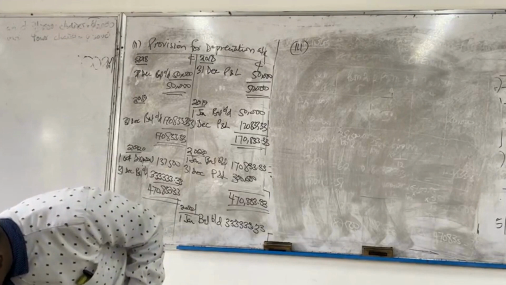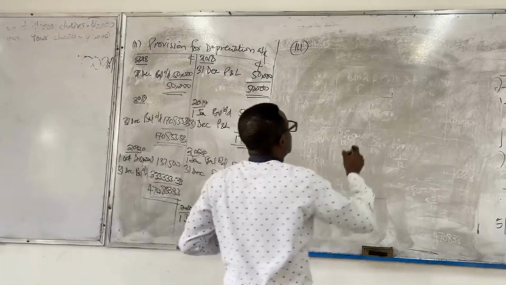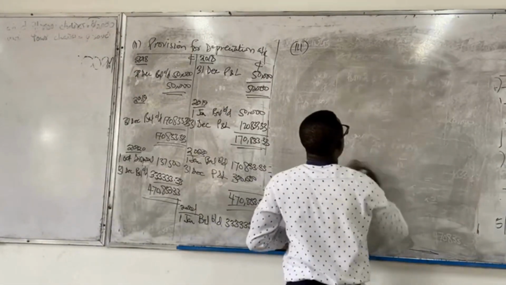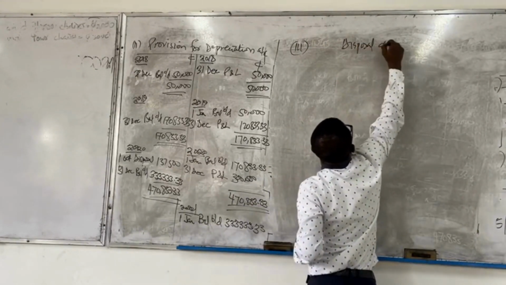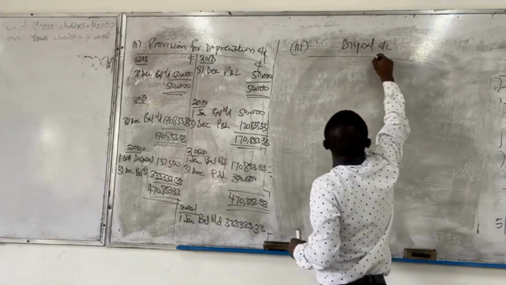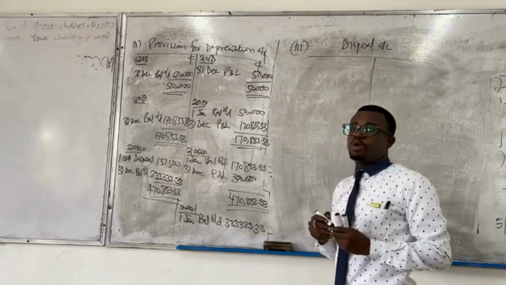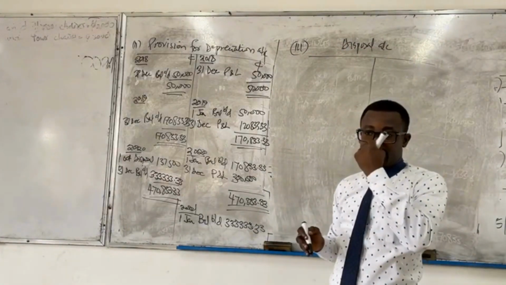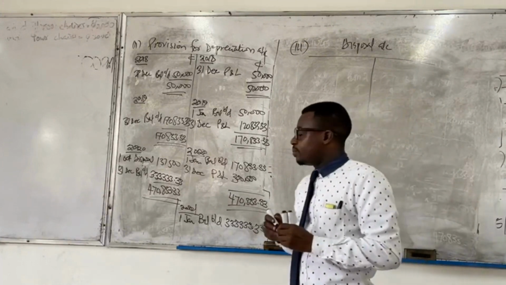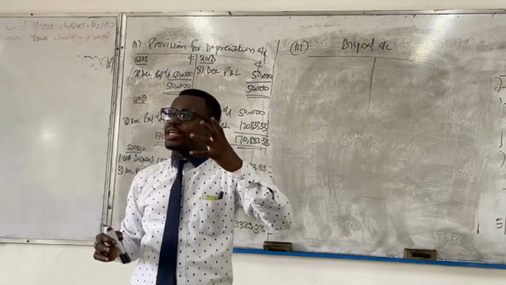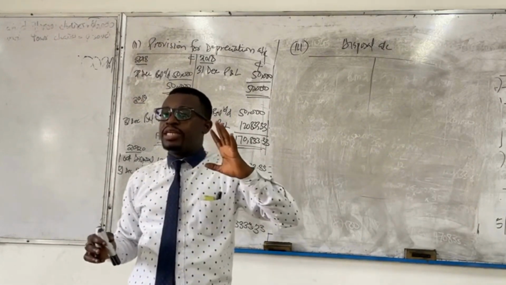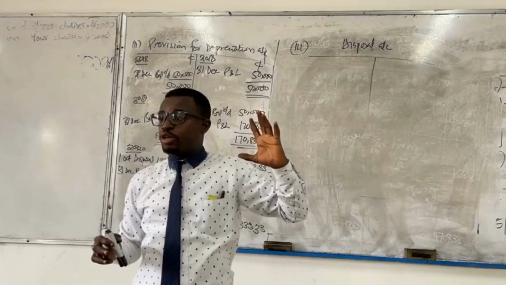The third requirement says disposal account. The asset disposal account, pay attention. We are only going to be concerned with the double entry in all the accounts we have dealt with.